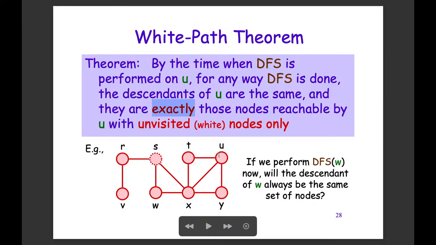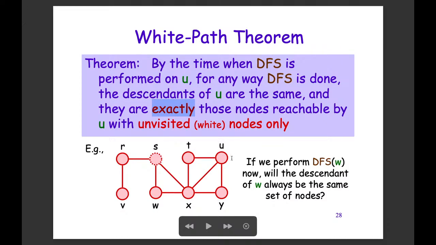You can think of this as the graph having some marked part and some white part. There must be a certain boundary between a certain white node and a certain marked node. So for instance, S will be visiting W and X, but for some strange reason, it doesn't visit U.